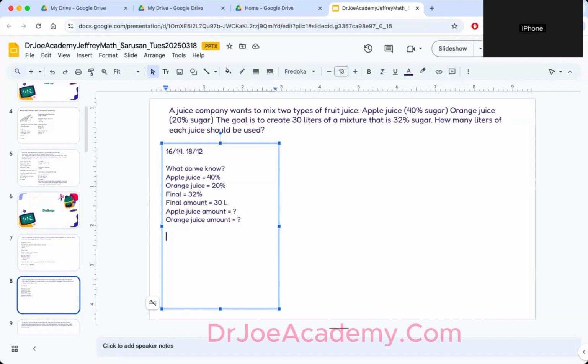As I've said before, a common hint here is to look at the totals. We have a total value of 30 liters and another total value of 32% sugar. Which of these can we use right now to create an equation?